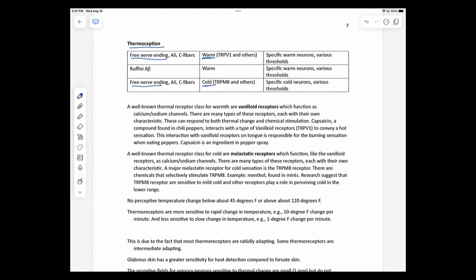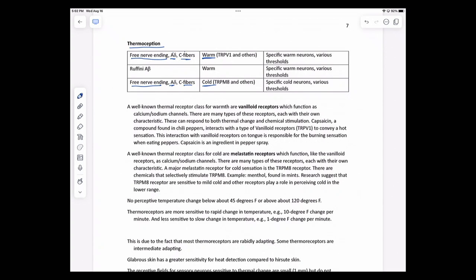Now, when we're talking about free nerve endings, we're talking about A deltas, which are slightly myelinated, and then the C fibers, which are not myelinated at all. Now, if you get into the literature and look at warm neurons, cold neurons, and these various receptors, you'll have variation in terms of whether it's C fibers that dominate or A delta fibers that dominate, for warm, cold, etc. There's a lot more to be worked out in the literature on this, so I'm not going to get into that.